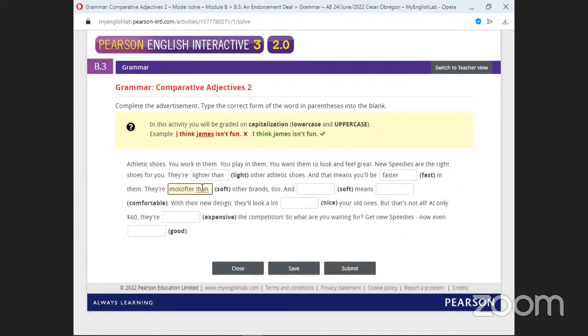Yes, they are more soft than other brands too. Yes. And softer means more comfortable. No. Yes, more comfortable. Okay.